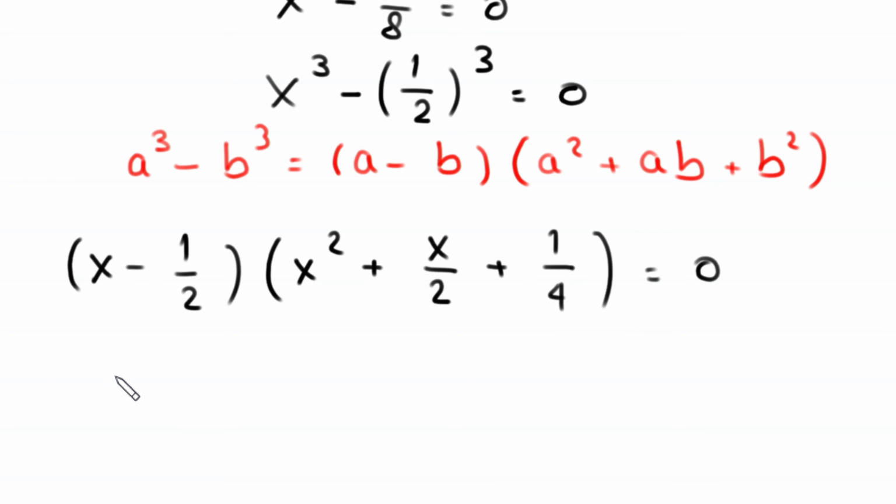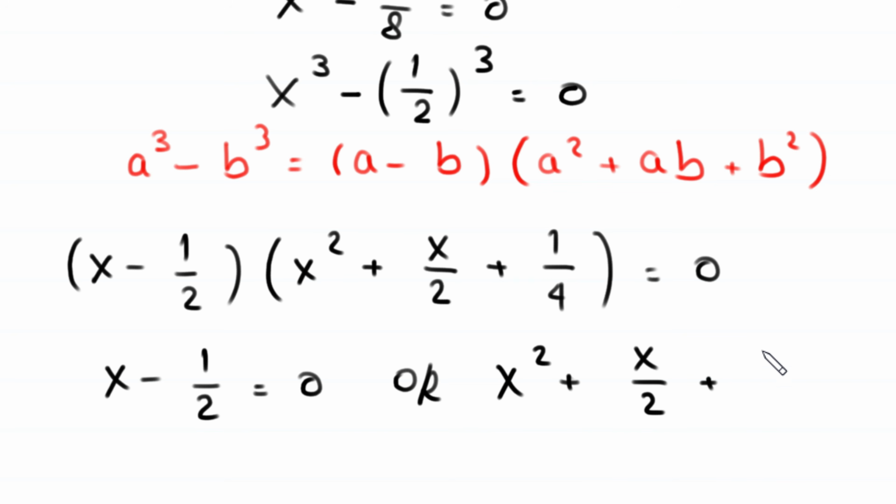Either this expression x minus 1 over 2 equals 0, or the second factor x squared plus x over 2 plus 1 over 4 equals 0. From the first equation we get the value of x equal to 1 over 2. This is the first value of x.